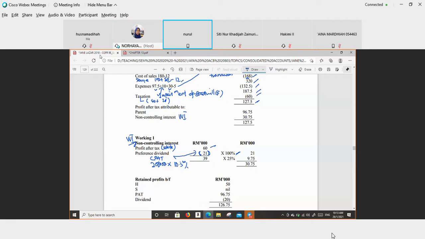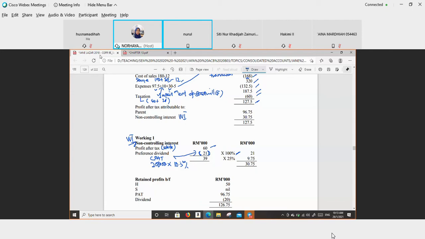Dia tak cakap pun dia acquire ni. Siapa dia tu? Dia tu black. Black tu siapa? Parent. Yes, parent do not acquire any of the preference share of the white kan? Ni yang saya kata ni.